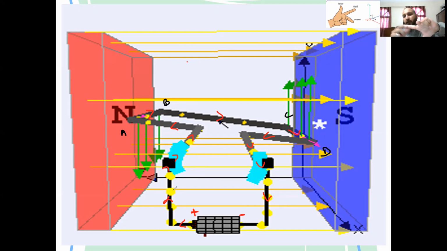On AB, the current goes from A to B, so the index finger is pointing south. The second finger represents the direction of the current from A to B, and my thumb is pointing downward.